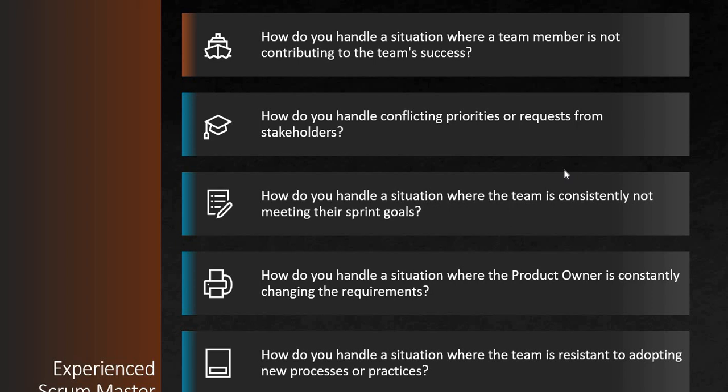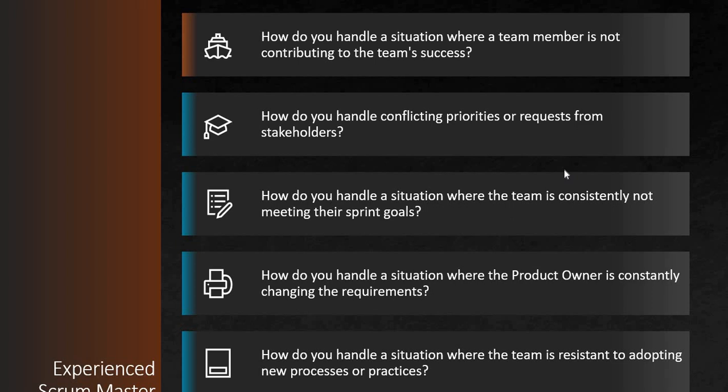Then, in a team retrospective or daily stand-up, I would facilitate an open discussion where the team member can express their concerns and the rest of the team can offer suggestions and support. I would work with the team to ensure everyone has a clear understanding of their roles and responsibilities and help the team member develop a plan to contribute to the team's success.